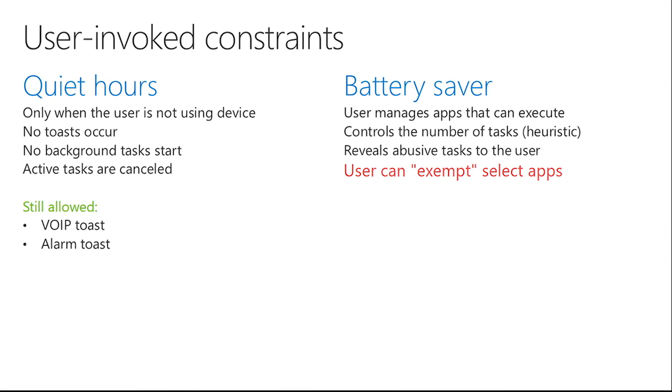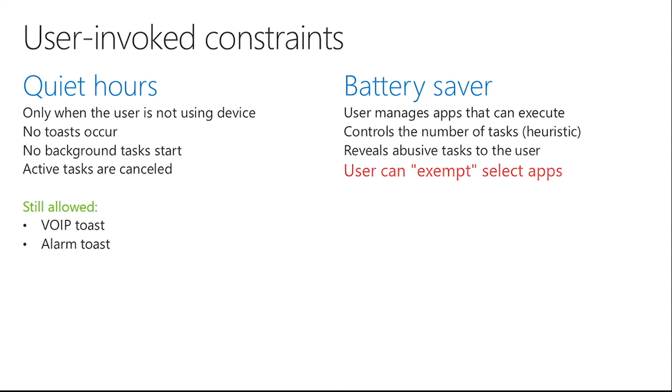The user can manage apps through the battery saver app, and they can see what resources apps are using, and they can choose to turn background execution off. So it reveals abusive tasks to the user. The user can actually exempt apps from the quiet hours thing as well through this. So they can say, actually I'm really happy for this to run in the background.